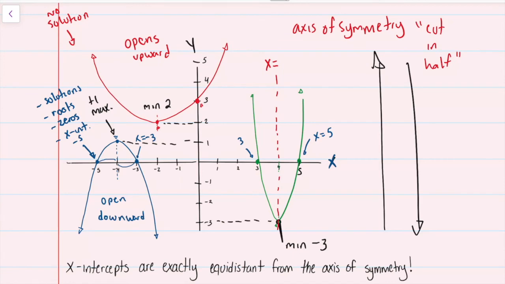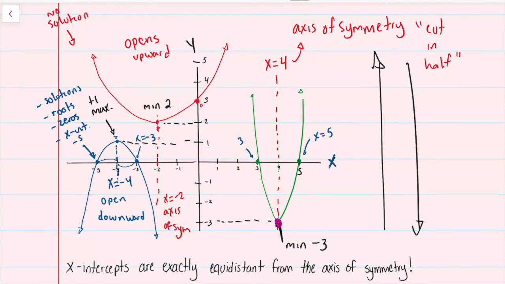So when x equals 4, that's my axis of symmetry for the green line. Look over here. When x equals -2, that's my axis of symmetry. And finally, over here in this one, when x equals -4, that's my axis of symmetry for the blue line.